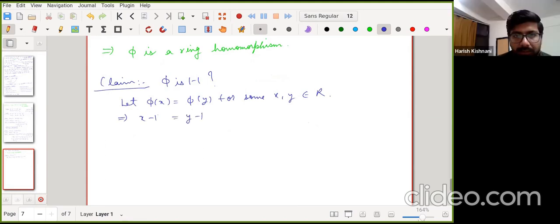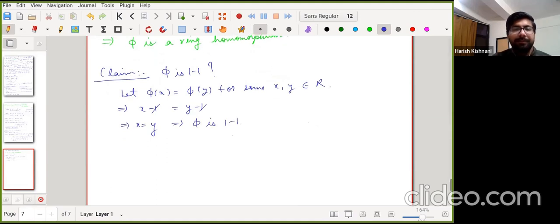You can just cancel out this x and y. So this implies x is equal to y, and hence phi is one-one. Okay.